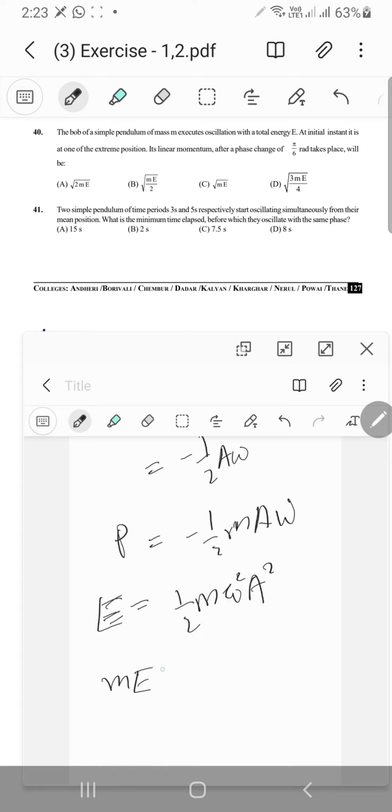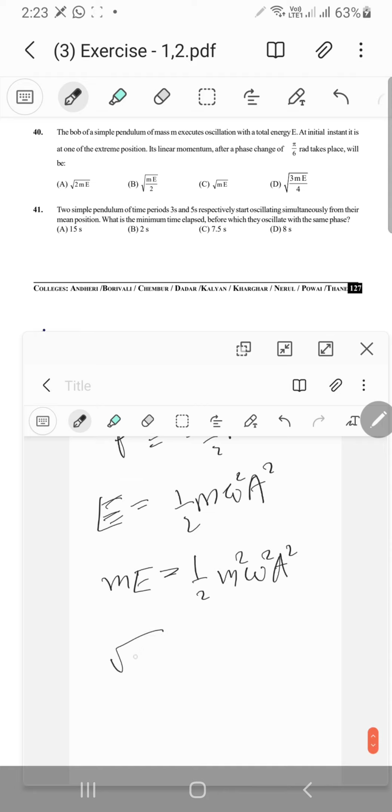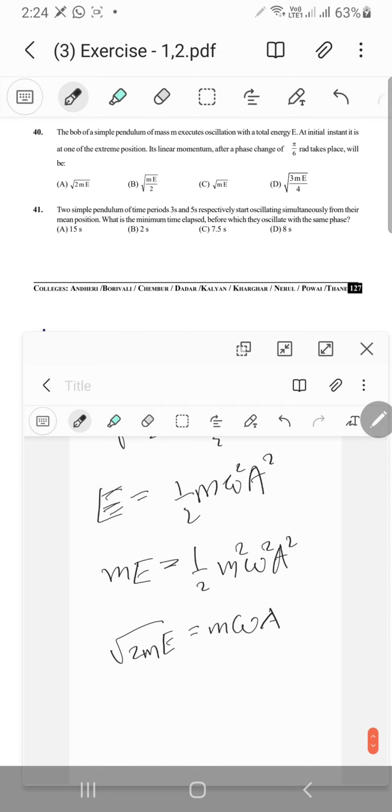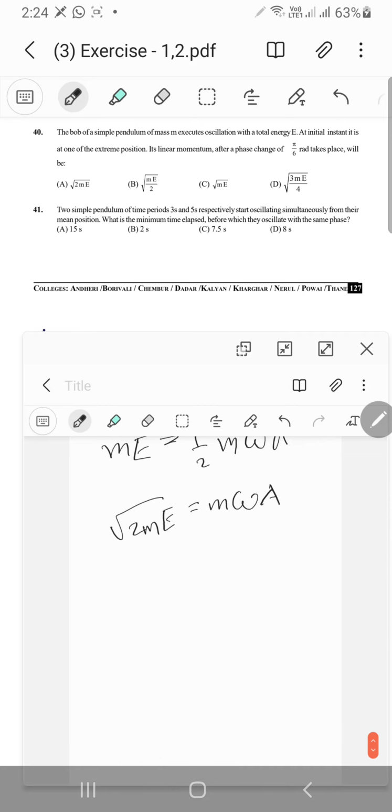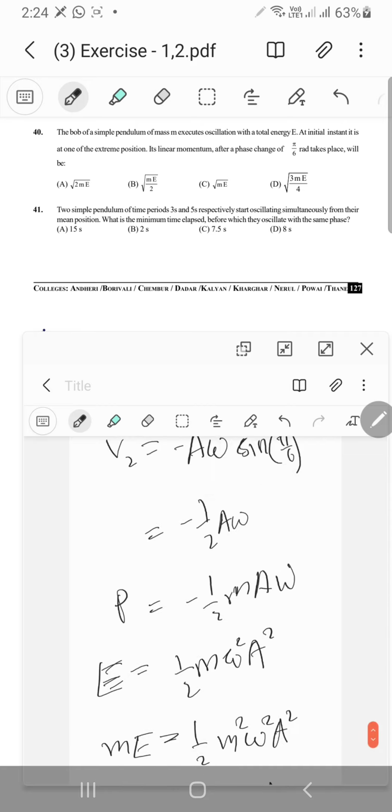So mE is just half m squared omega squared a squared. Square root of 2mE is m omega a. And you want half of that. Well, yeah. Is that correct?